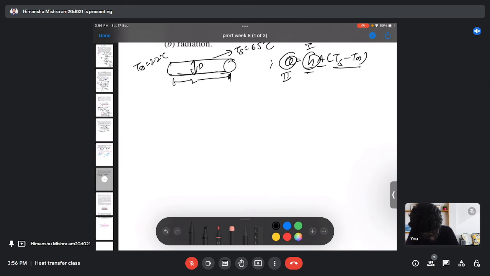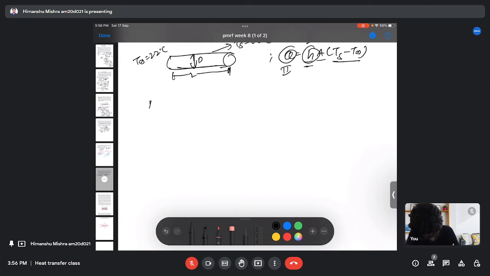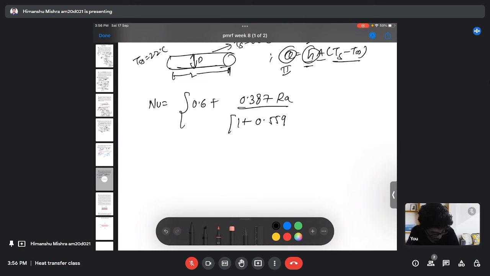So the Nusselt number can be given as, for such cases, this is my Nusselt number correlation, so you don't need to memorize this lengthy expression.